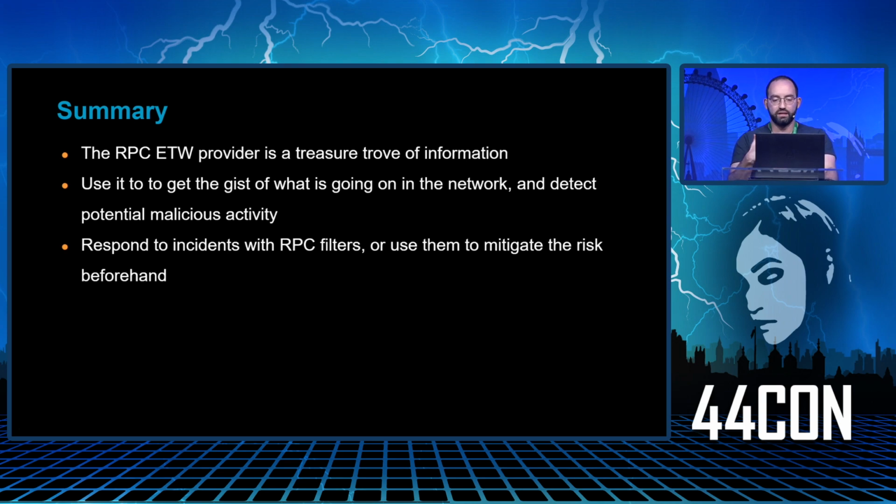And we can use it to get a gist and understand what is going on in the network on a regular basis. And also, because of our understanding, detect potentially malicious or anomalous connections and RPC operations to alert us about potential attacks. And then we've seen how we can respond to incidents or even mitigate some of the risk in advance using the RPC filters.